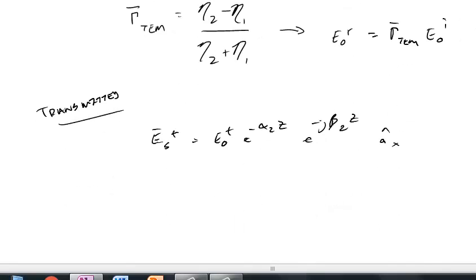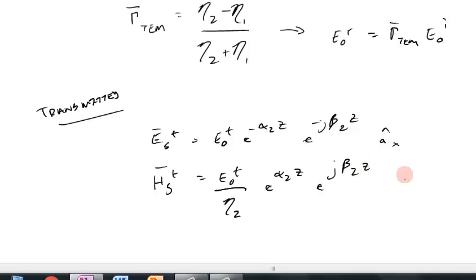We have a magnetic field Hs of t equal to E0 transmitted over eta 2, e to the minus alpha 2 z, e to the minus j beta 2 z, and it's still pointing in the a hat y direction.